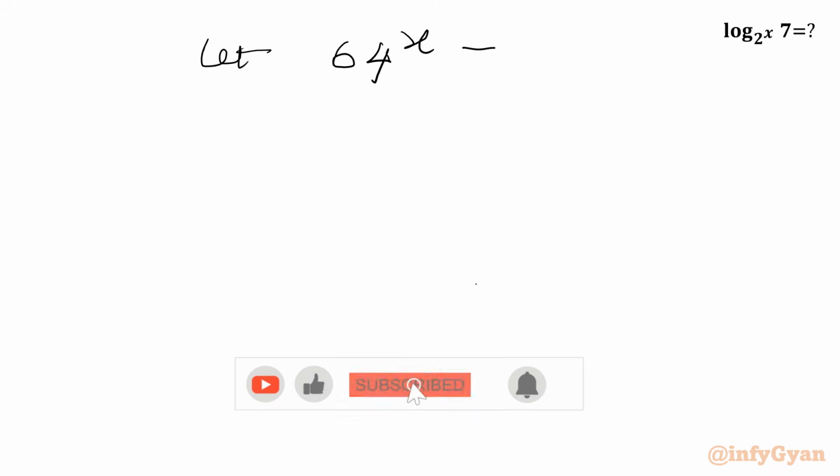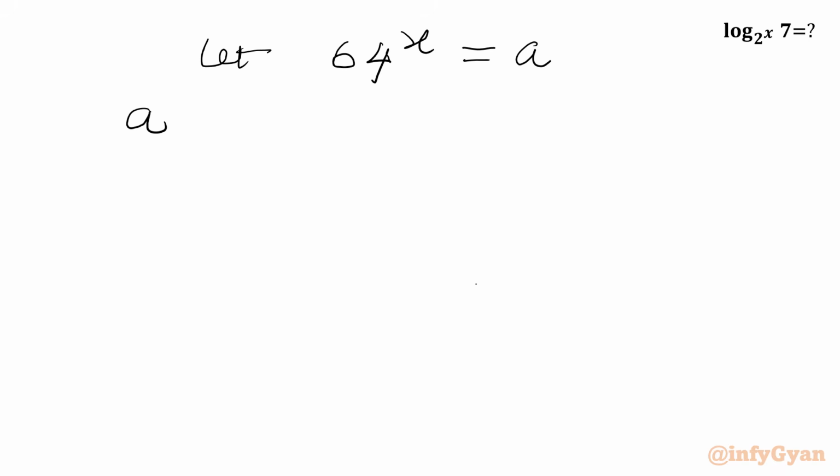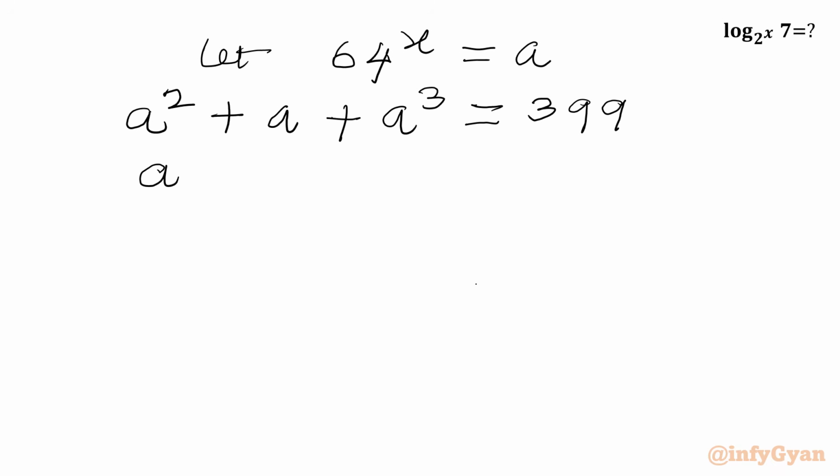So let us assume 64 power x suppose equal to a. So our equation will become a square plus a cube plus a equal to 399. Or we can write a cube plus a square plus a equal to 399.